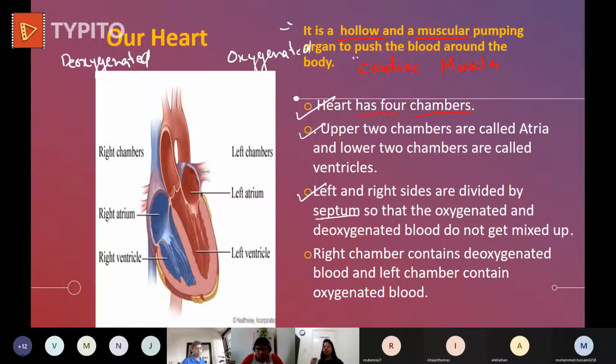So the lungs will remove the carbon dioxide, carbon dioxide goes out, oxygen comes in, and that oxygen rich blood will be given to the heart, and then the heart will pump that oxygen rich blood to all parts of the body. That's the only function of the heart.